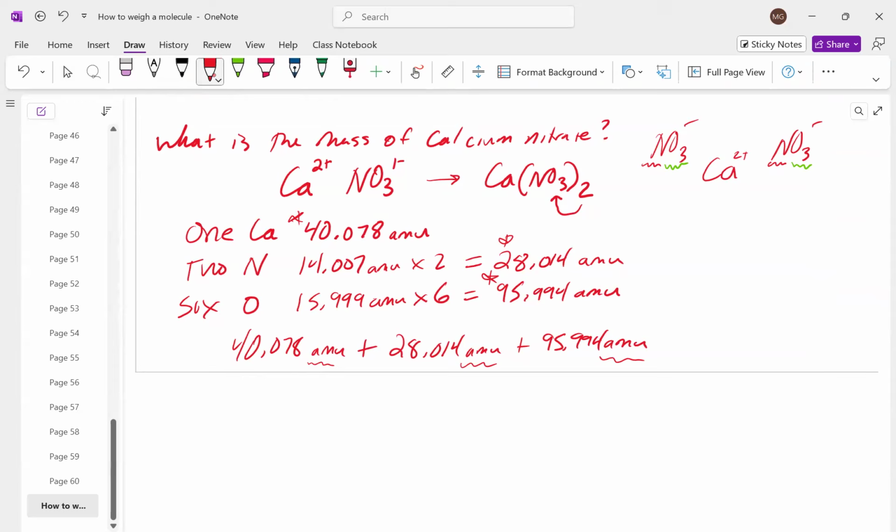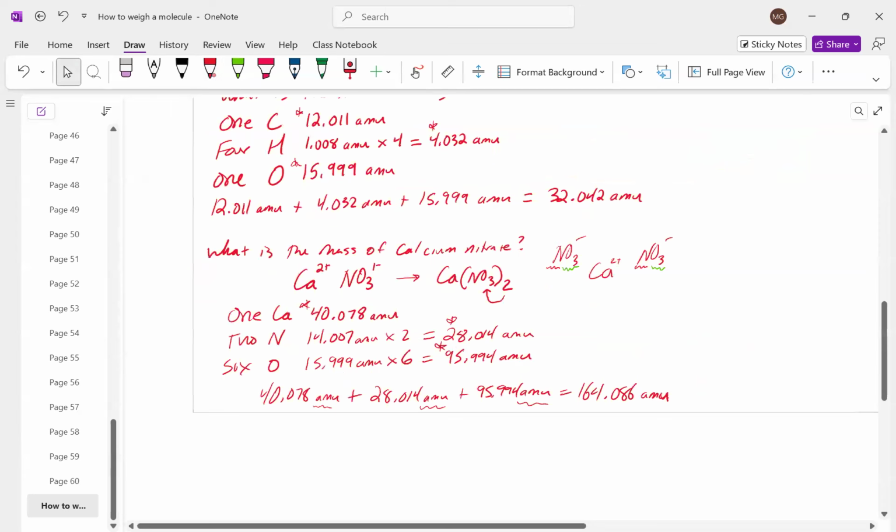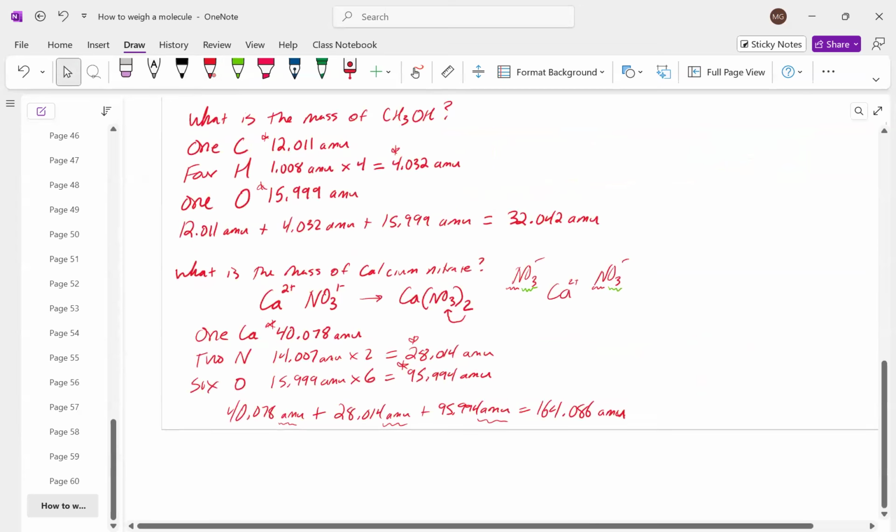Units can tell you if your calculations are set up correctly. So I add all of that up, and that comes out to 164.086 AMU.